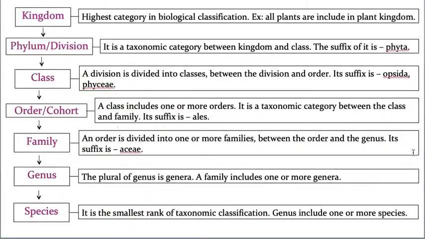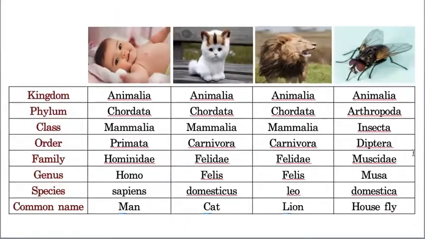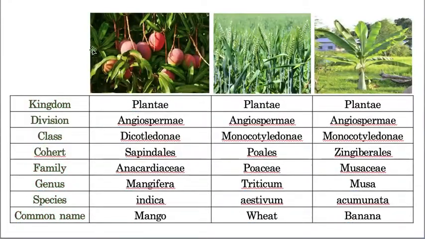Now we will explain. I told you I will take at least 3 or 4 examples, so I'm taking 3 examples in plants and 4 examples in animals. Now let us take these various groups of plants. The first plant is mango, the second plant is wheat, and the third plant is banana.